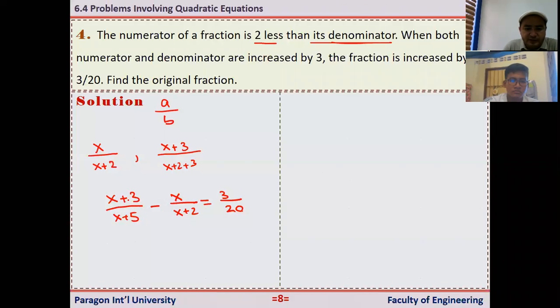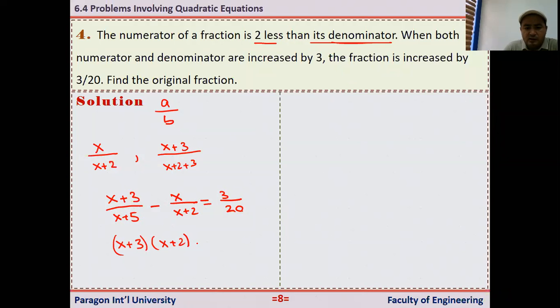So let's continue. The common denominator is x plus 5 times x plus 2. So here we have x plus 3 times x plus 2 minus x times x plus 5, over x plus 2 and x plus 5.